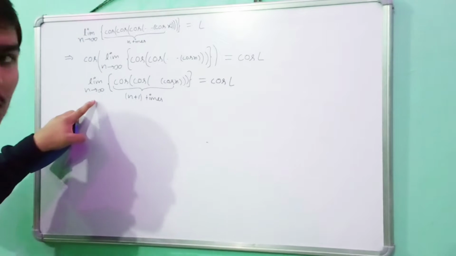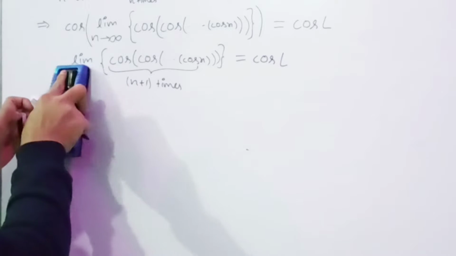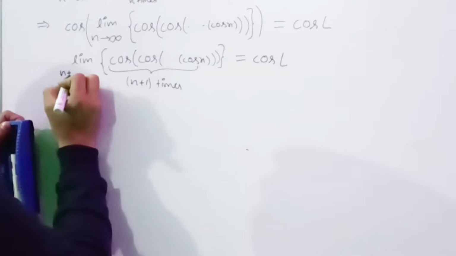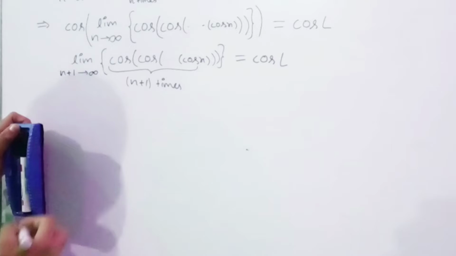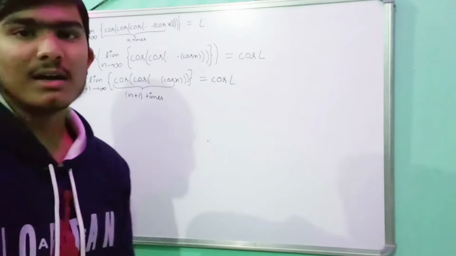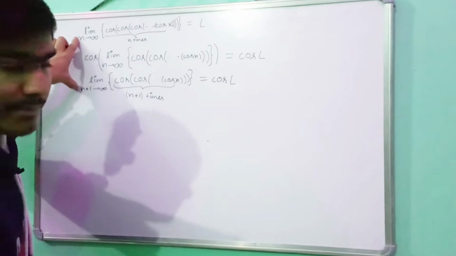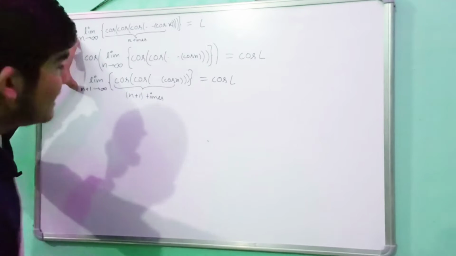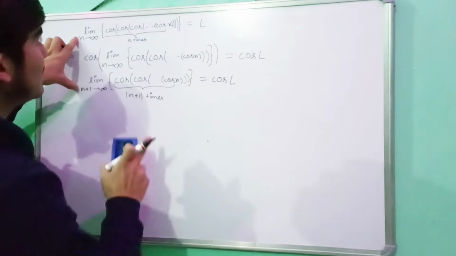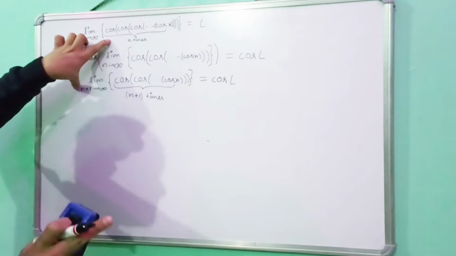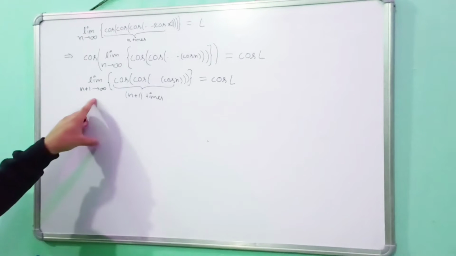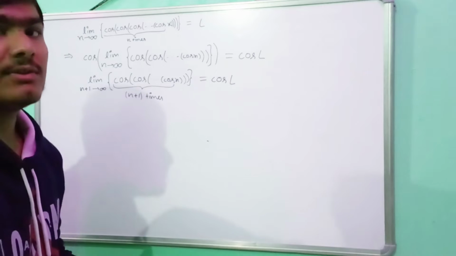Now we can write n goes to infinity as n plus 1 goes to infinity. Now we can again observe that these two limits are the same. How can I say that? The number of cos goes to infinity here too, and also here the number of cos goes to infinity.